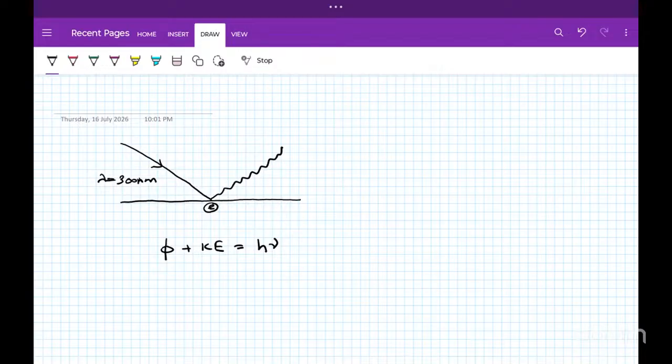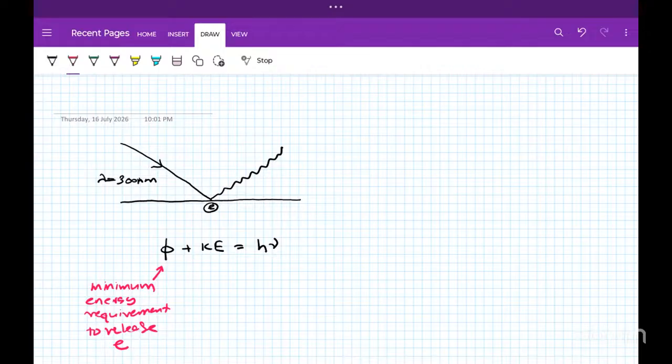Now, this psi, not nu, sorry, is the minimum energy requirement to release an electron. This psi is responsible for the energy of the electron.